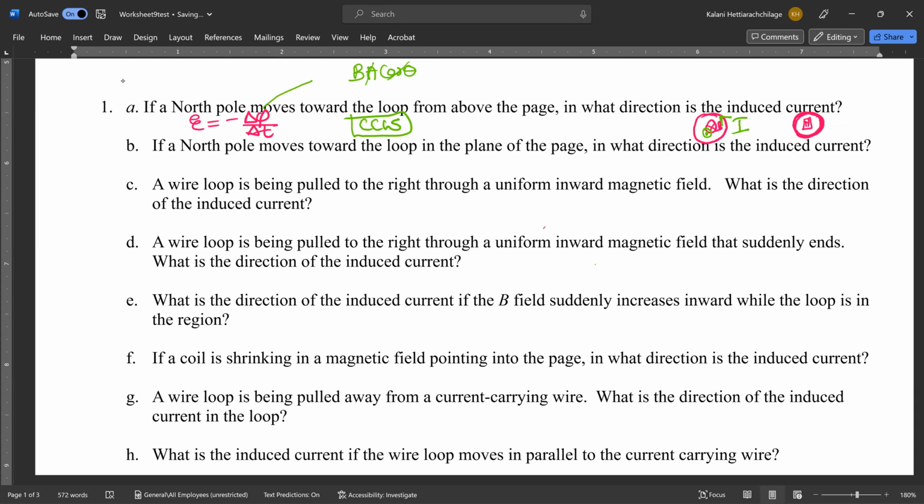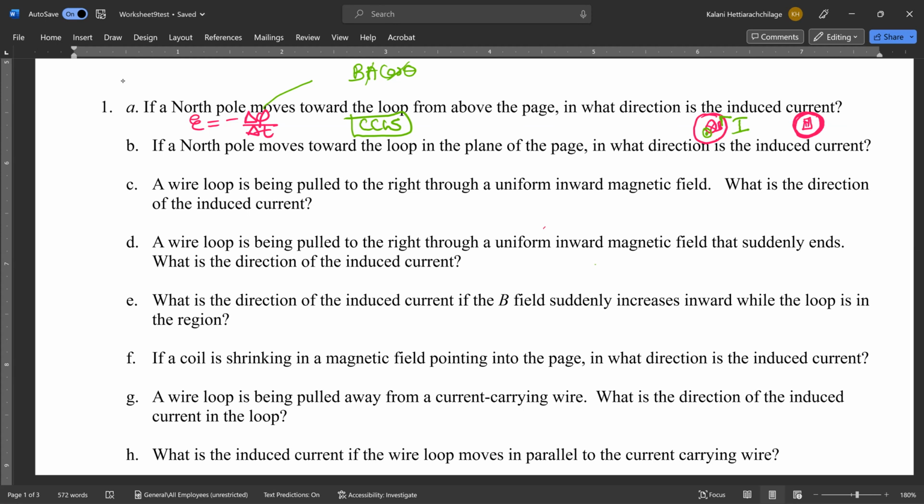If the north pole moves towards the loop in the plane of the page, what is the direction of the induced current, right? So now you see that the north pole moves toward the loop in the plane of the page, right?